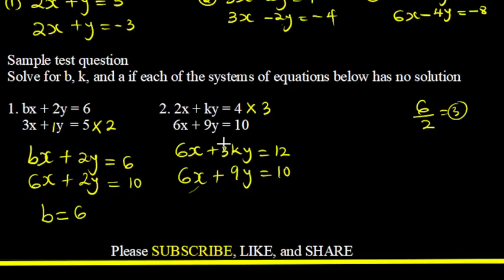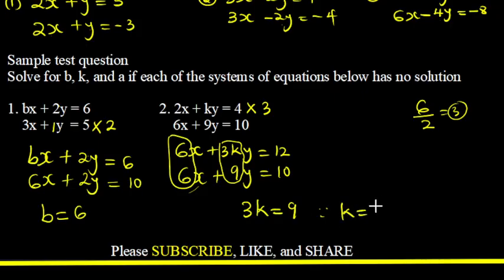Since these must be equal, all the conditions are met. So we say 3k is equal to 9. Therefore, k is equal to 3.